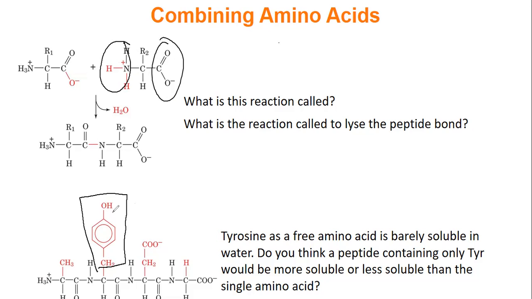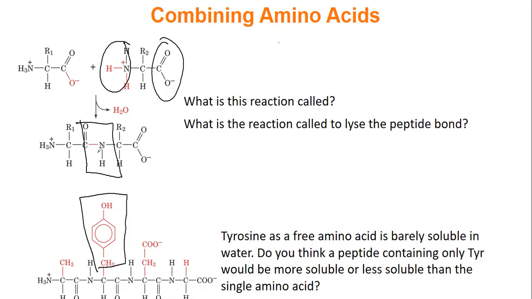So when you stick this big group onto this R, the N-terminus and C-terminus is what is making it soluble. In a peptide bond, you are losing your charges.